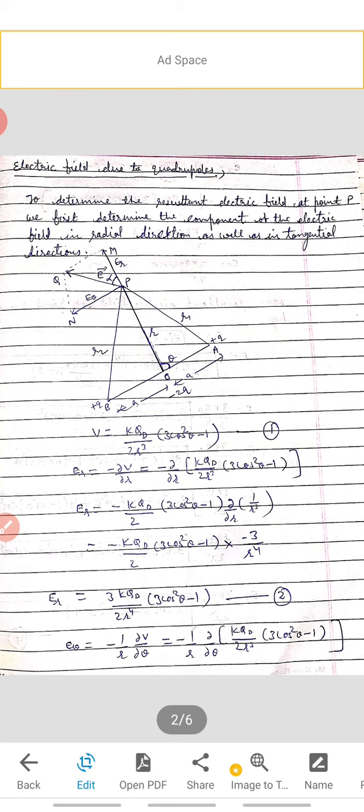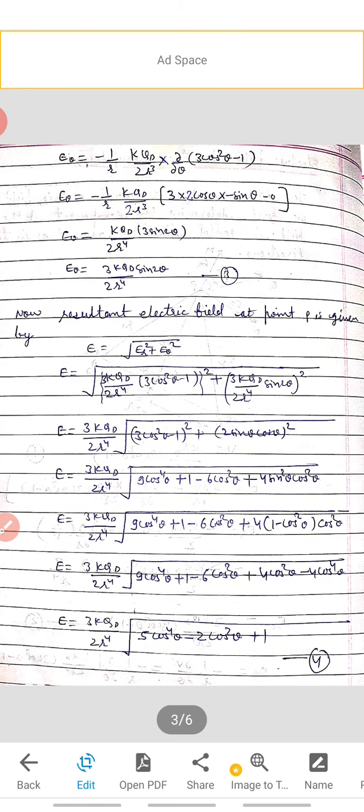Put the value of V from the first equation, then E theta is equal to minus 1 by R del by del theta into KQD divided by 2R cube into (3 cos square theta minus 1).